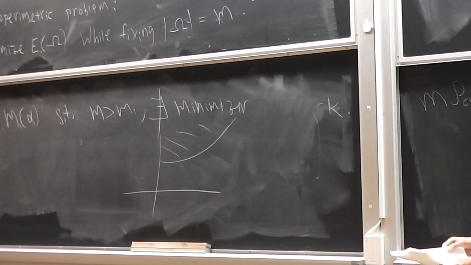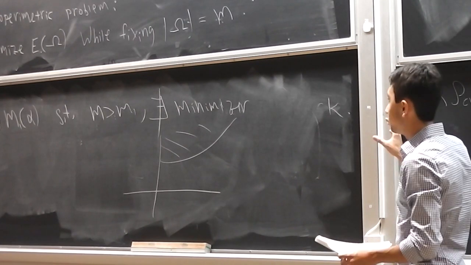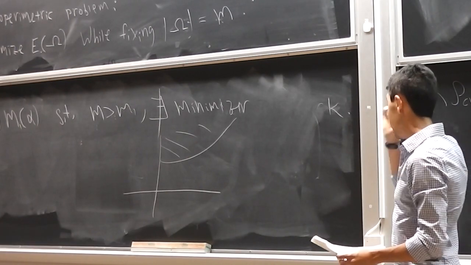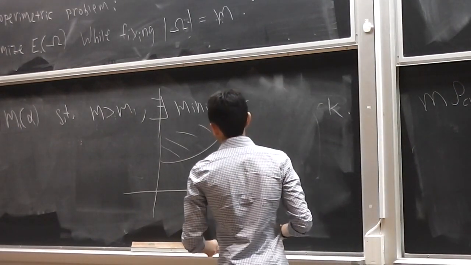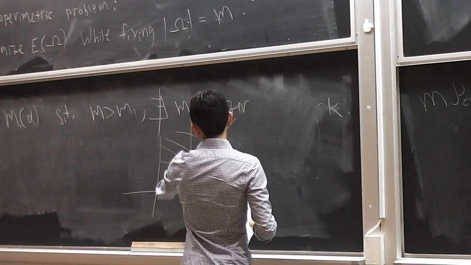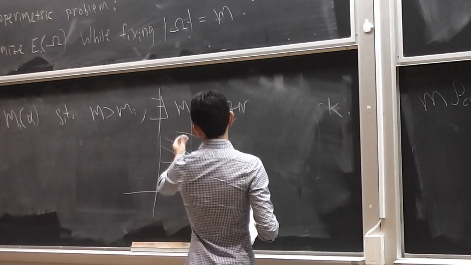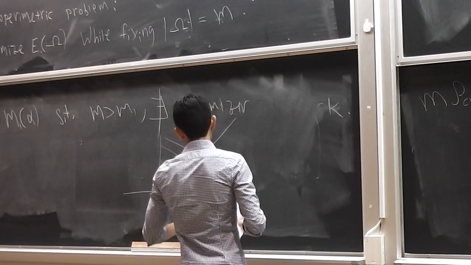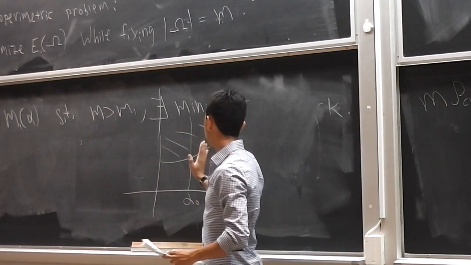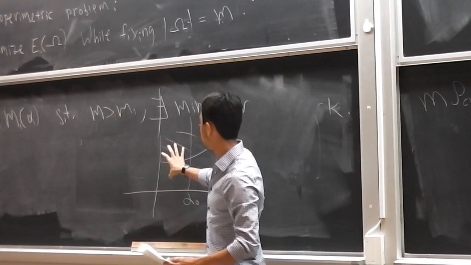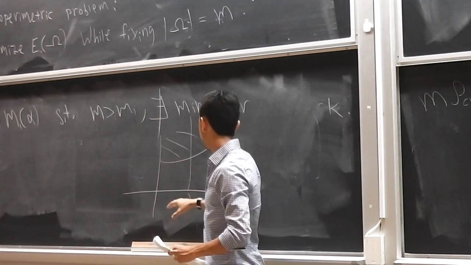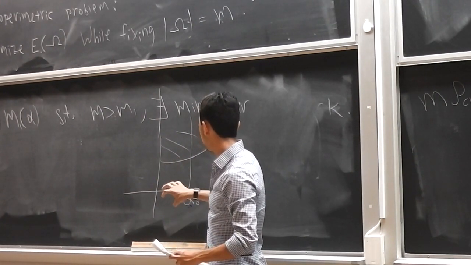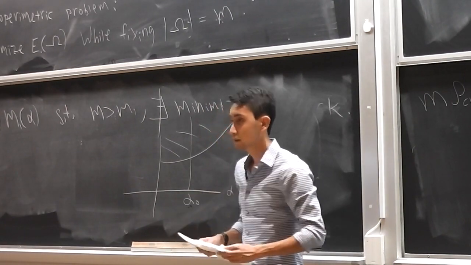We can probably use interval arithmetic if you want. Yeah, we did use interval arithmetic, and so there's actually a certain value of alpha, past which, this is some critical value, we know that for alpha sufficiently small, the only answer to this problem is a ball. To find this, we used interval arithmetic.